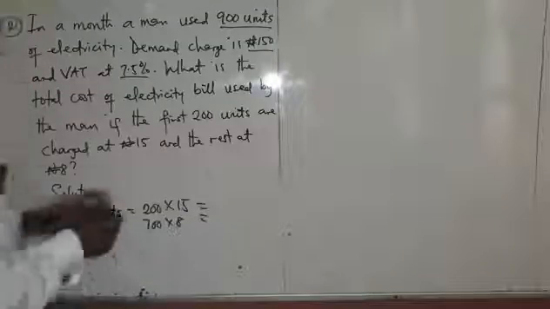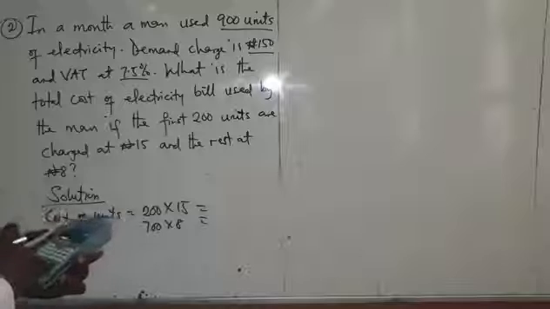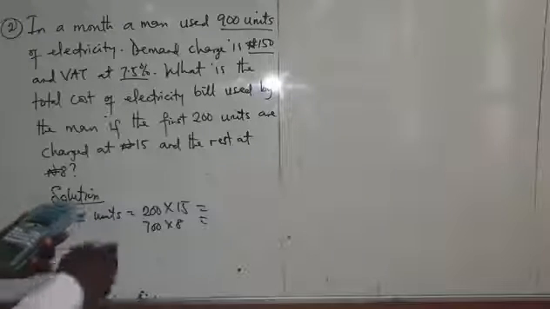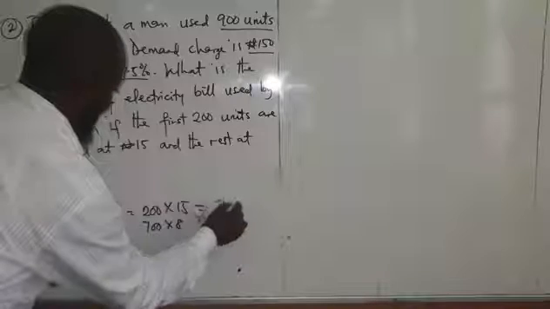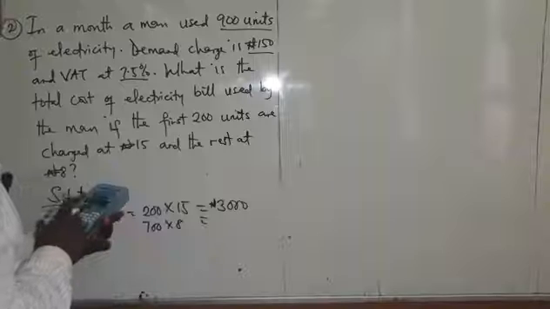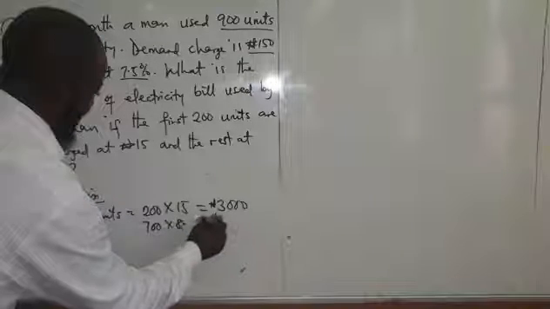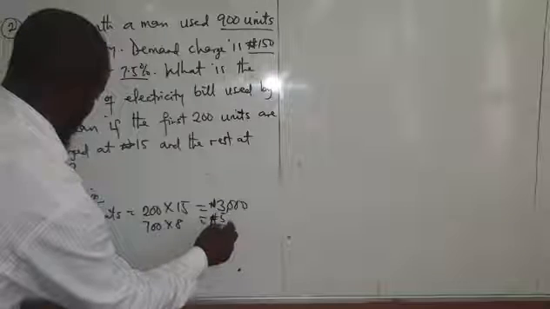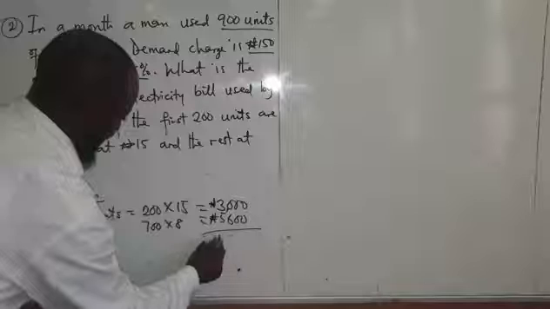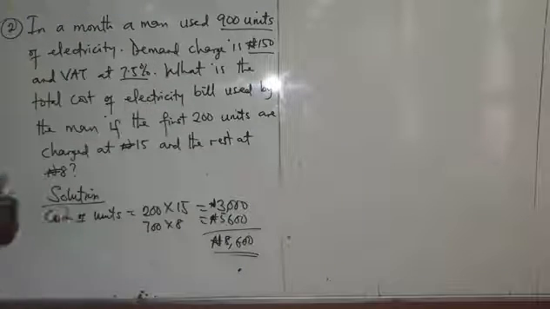We calculate these two and add them together to give us the cost of units. 200 multiplied by 15 gives us 3,000 naira, while 700 multiplied by 8 gives us 5,600. Adding this together gives 8,600. So this is the cost of units used.